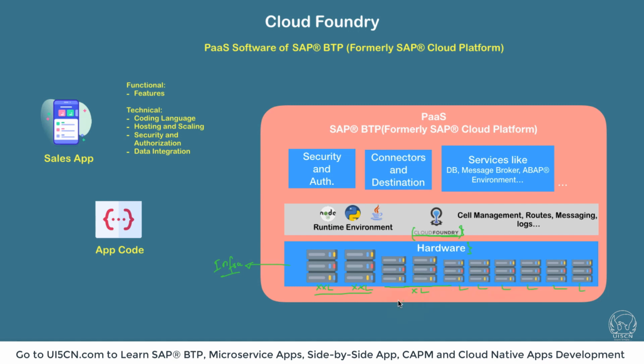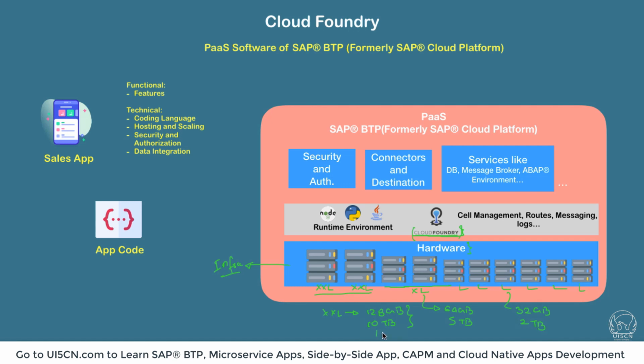What I mean by extra large is a machine that might have 128 gigabytes of RAM and 10 TB of hard disk, a very huge configuration. The XL machines can be 64 GB of RAM and maybe 5 TB of hard disk, and the large machine can be 32 GB of RAM and maybe 2 TB of hard disk.